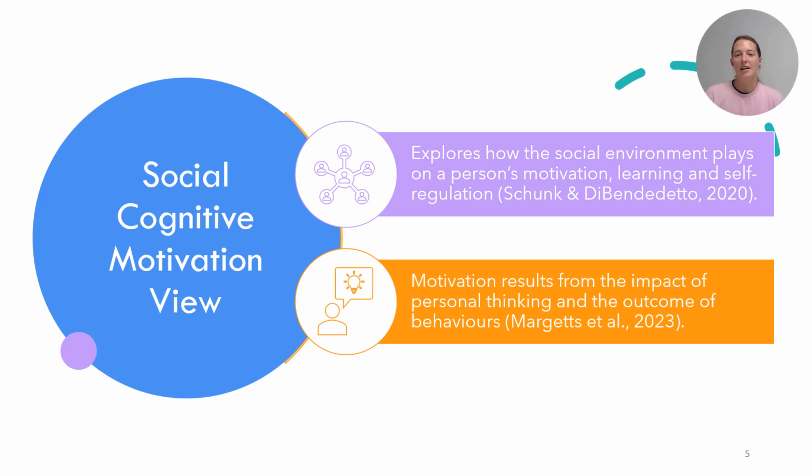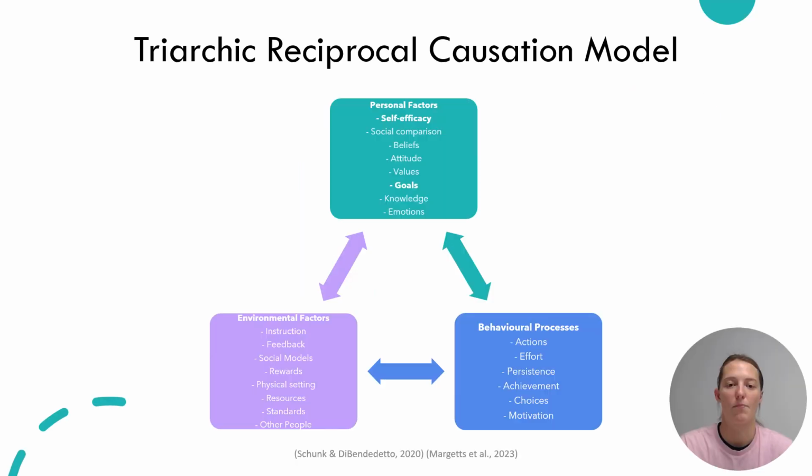With Bandura, he created some very good models, and within social cognitive theory and looking at motivation, there have been other models developed to improve the outcomes for students or for people in general to increase their motivation. So we'll look at some of these models and build from here.